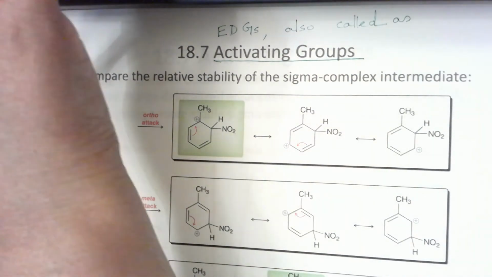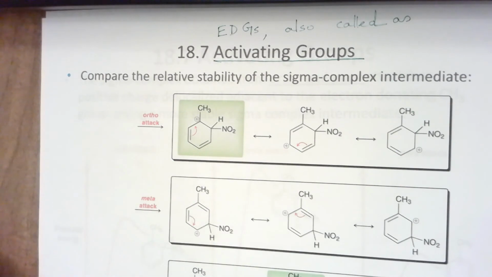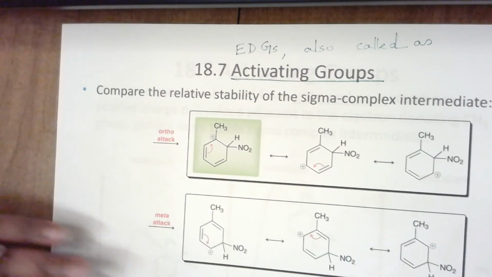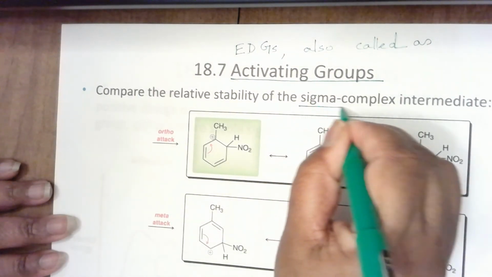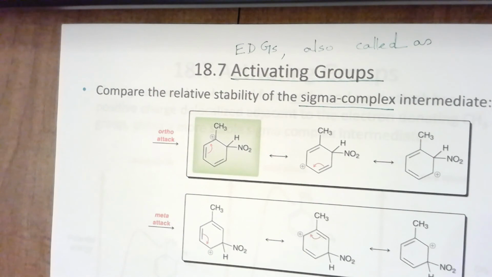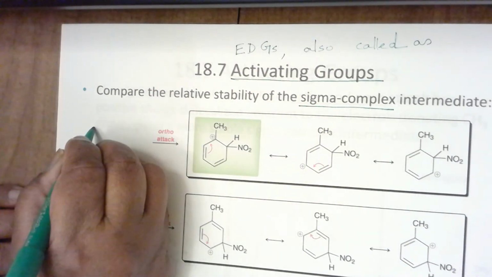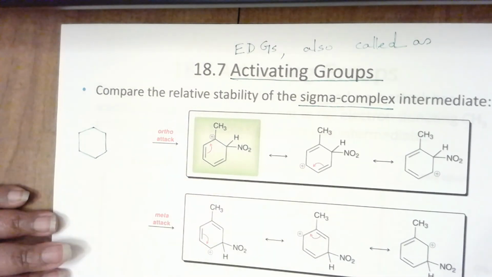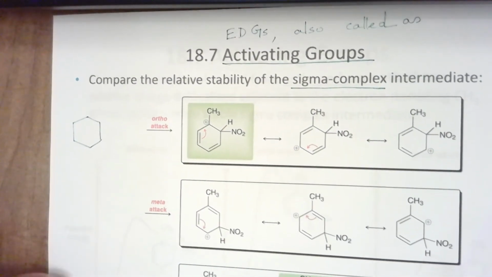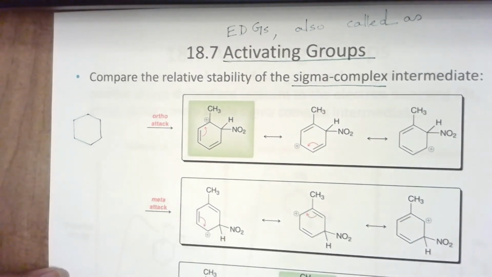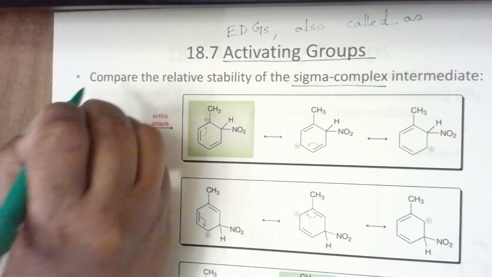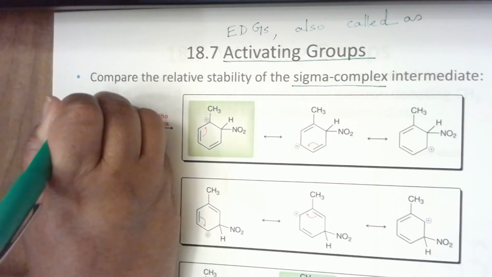I'm going to show you how to start off these sigma complex intermediates. Let me see if it's showing up on the screen. Yes. I have the methyl group.